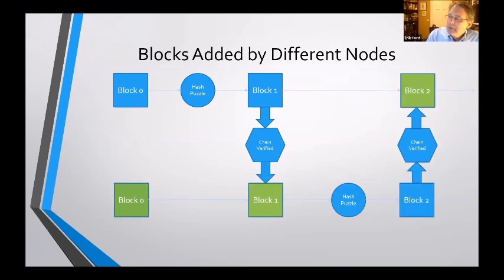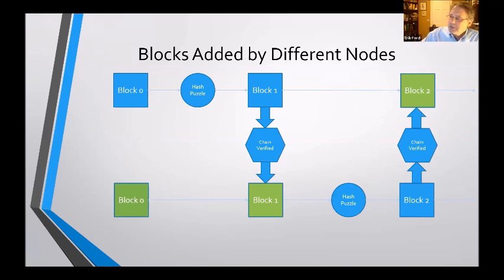So how do, and this expands on that, blocks get added by different nodes. You've got two, the green and the blue, both have access to block 0. Blue solves the hash puzzle first, adds block 1, chain is verified, and block 1 is communicated to the green node. They both have the same information.